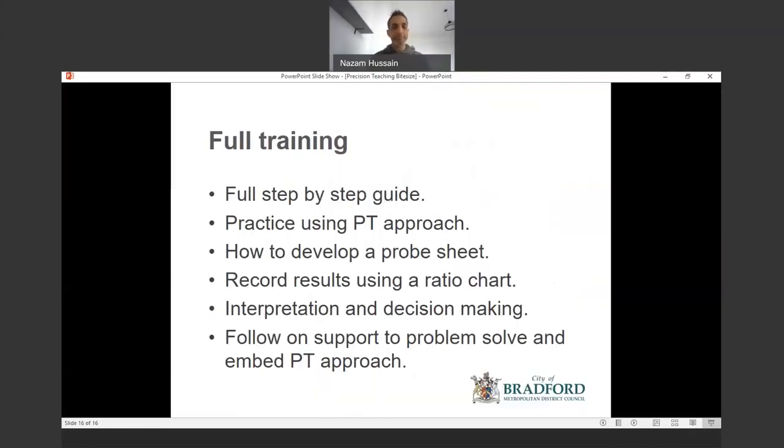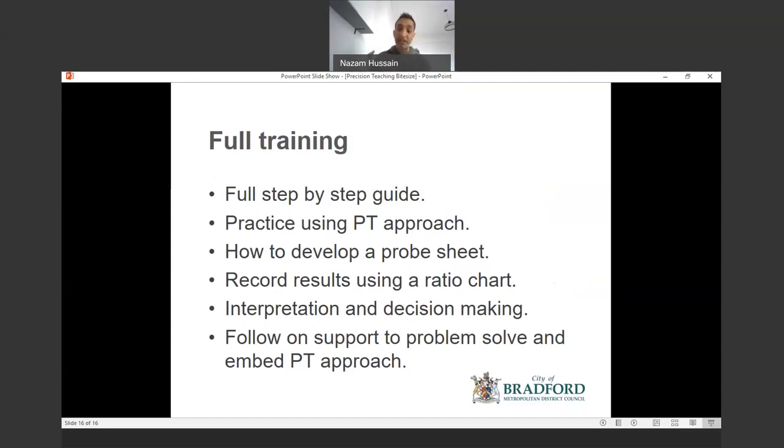So I hope that's given you a brief overview of the key principles of precision teaching. Now, in the full training, you'll get a full step-by-step guide on how to implement that. We will have a practice of using the precision teaching approach. I will demonstrate how to develop a probe sheet, how to record results on a ratio chart.